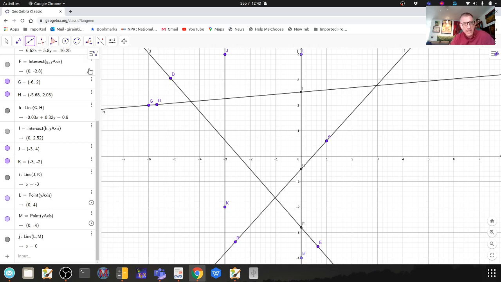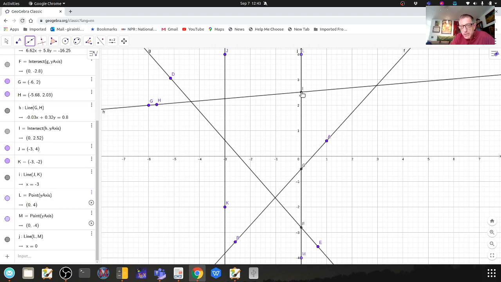So here, an awful lot of lines have been drawn. The point is, each one of these lines has a defined slope, and they're not vertical lines like the y-axis, so they cross the y-axis at a point.